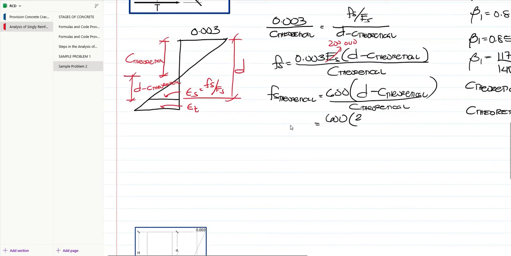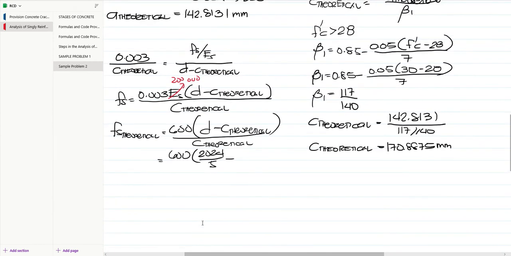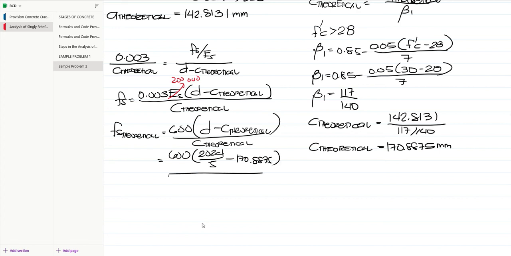That will be 2024 divided by 5 minus yung C theoretical din na nakompute natin, which is 170.8875, divided by 170.8875. Now, our Fs theoretical will be equivalent to a value of 821.2859.